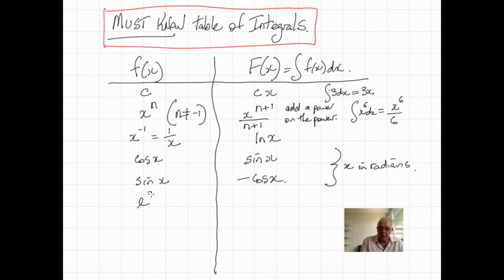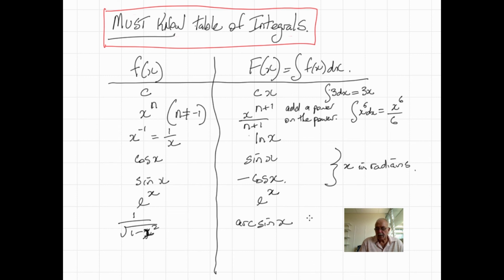Exponential, the integral of e to the x, it's a strange one, it's just equal to e to the x. So when you integrate e to the x, you get e to the x. A couple of trigonometric functions: the integral of 1 over the square root of 1 minus x squared is equal to arc sine of x.